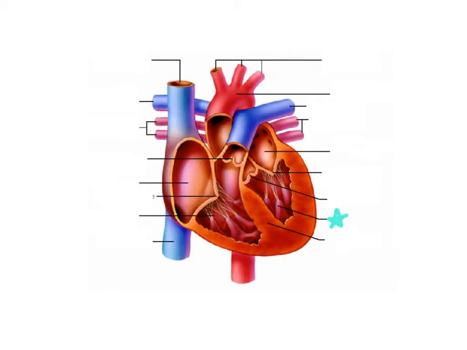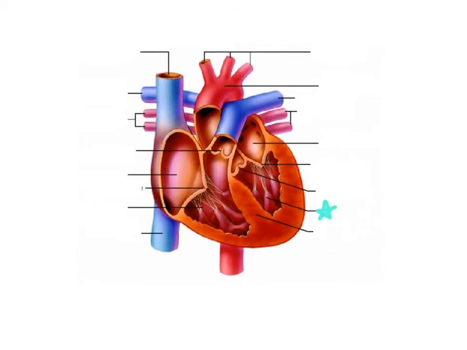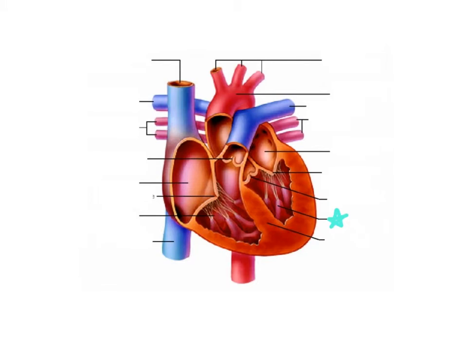All right, let's see how you guys did. So if we're starting in the left ventricle and we are tracing the blood flow through the heart, once it's in the left ventricle, it's going to be pumped through this valve right here, which is the aortic valve. Then it goes to the aorta, and then it leaves the aorta, the ascending and descending aortas, and it goes to the body.